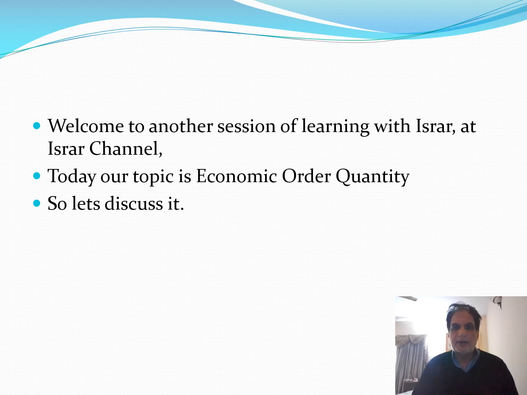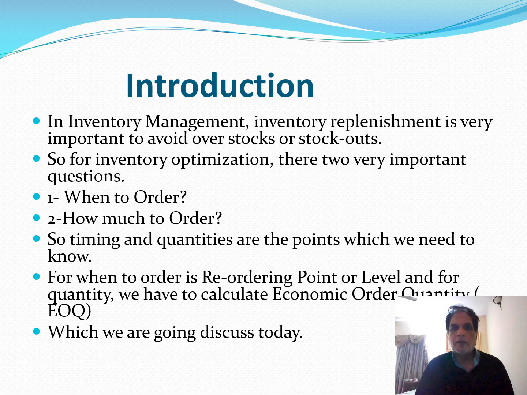Today our topic is economic order quantity. So now let's discuss it. In inventory management, inventory replenishment is very important to avoid overstocks or stockouts. So for inventory optimization, there are two very important questions: when to order and how much to order.